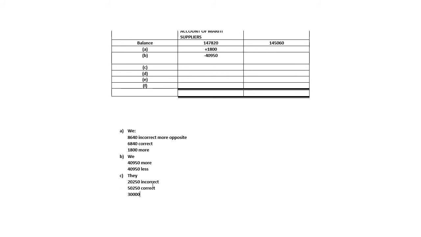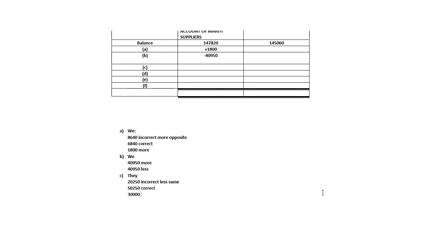Let's see, what did they do with the incorrect amount? It was an invoice. Invoice means they made the account more. And they made it more, but less than what it should be. So if they've got it less, they will do it the same. But it was less than what it should be, so they must do the same.